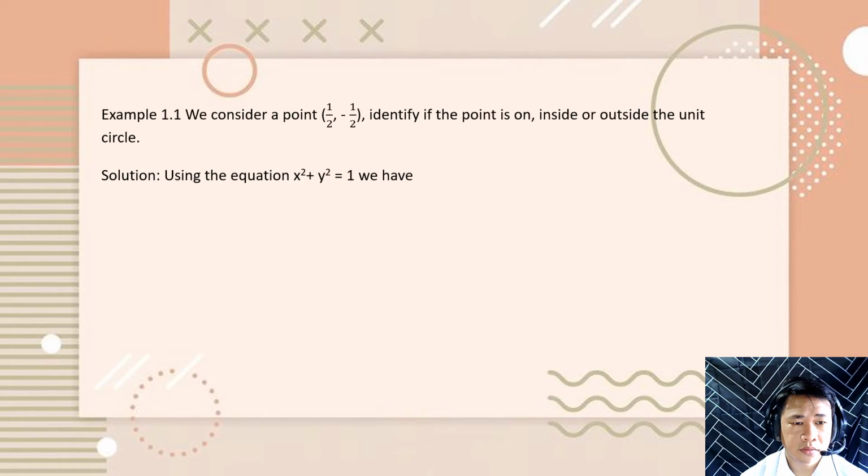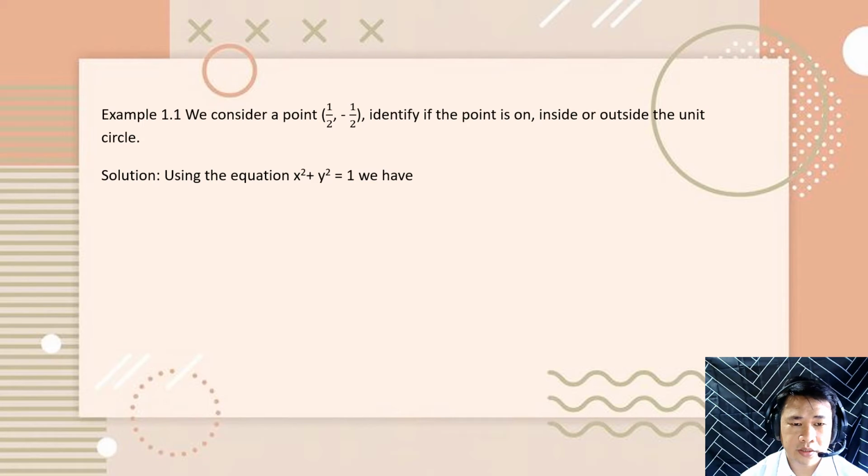Example: we consider the point (1/2, -1/2). Identify if the point is on, inside, or outside the unit circle. Okay, so this is our solution.